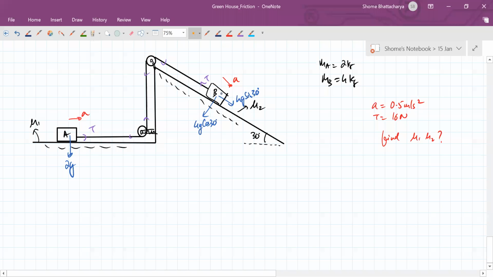Then we have the normal reactions, NB, NA, and finally the frictions. This will be mu2 NB, and this will be mu1 NA. So now you have to just write the relevant equations and substitute the value of tension and acceleration to find out the value of mu1 and mu2. If you haven't done this question or tried this before, please work this out.